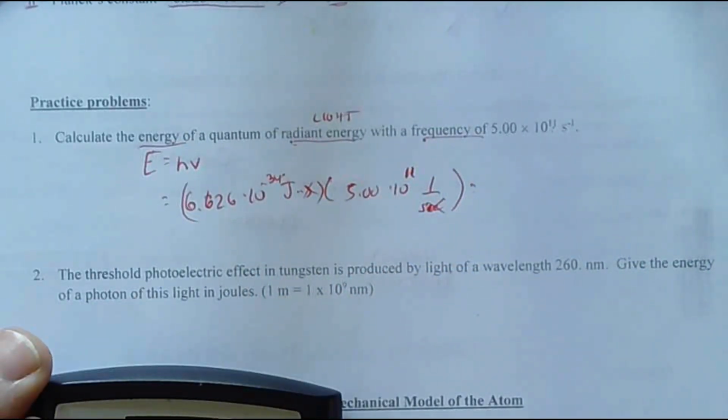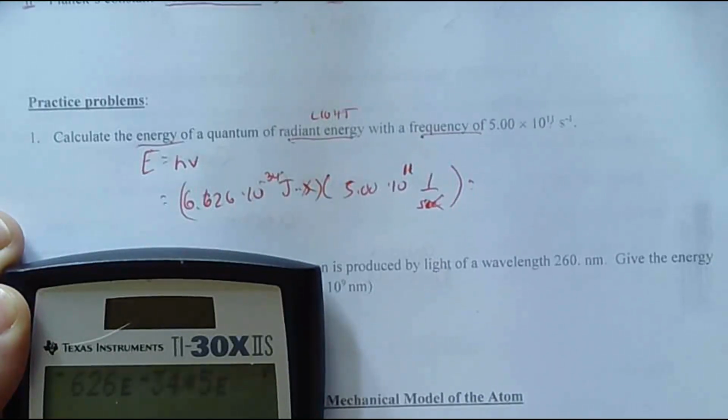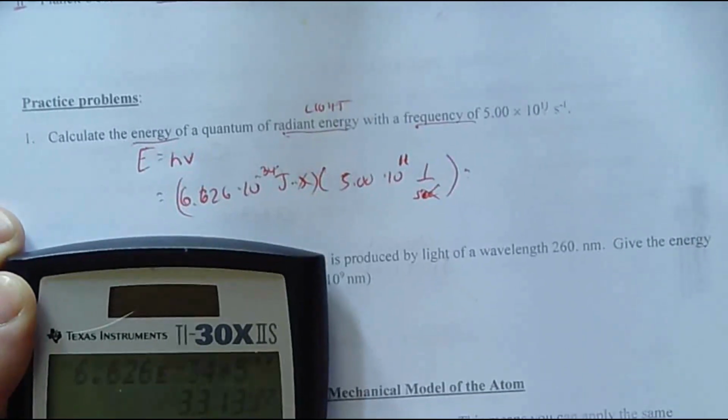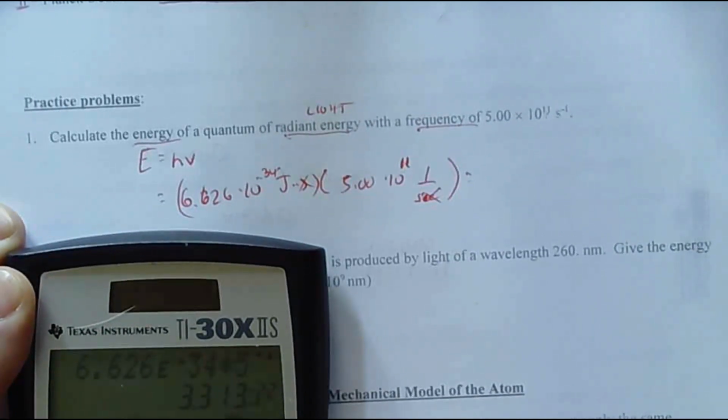Then I just have to plug that into the calculator, and we get 3.313 times 10 to the minus 22nd.